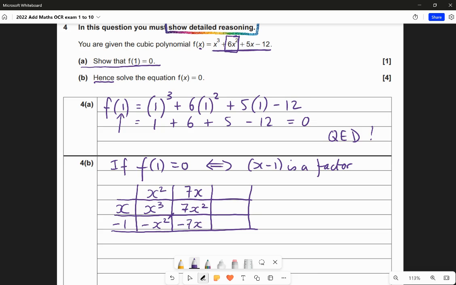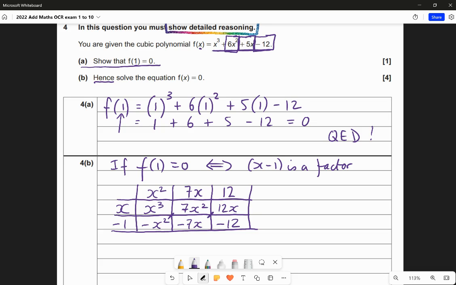I don't want negative 7x, I want positive 5x. So I need another 12x, because 12x and negative 7x together will combine to make 5x. Which means the top here is 12. 12 multiplied by x is 12x, and 12 multiplied by negative 1 is negative 12. Let's just check that that's what I wanted. Yes, negative 12 is part of the function.